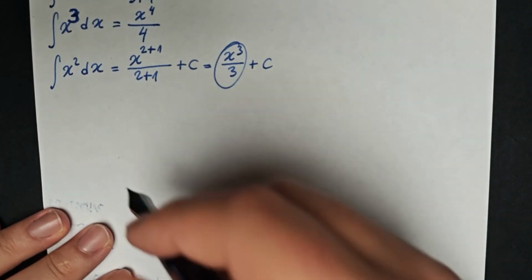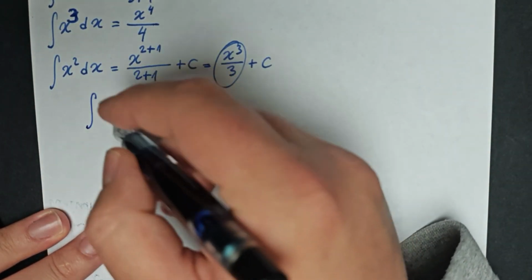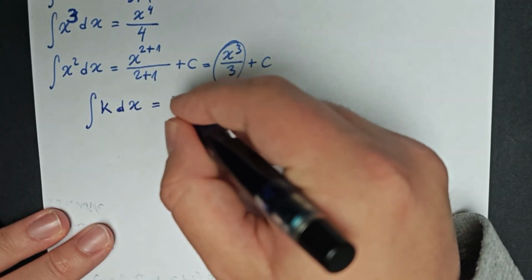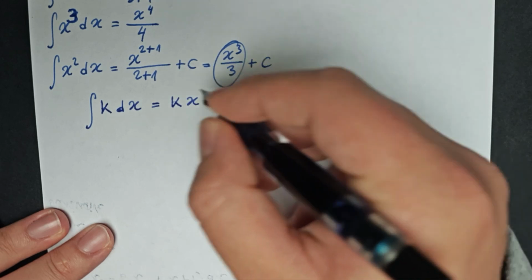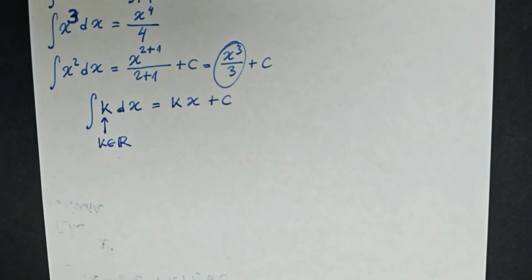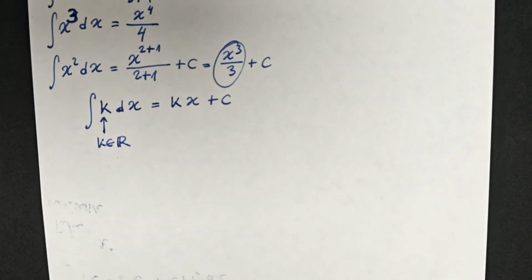I want to show you another rule. It states that an integral of k multiplied by dx is equal to kx plus c, where this k is a real number, a constant. This is a constant rule. You can think of it as a separate rule, or you can think of it as a power rule.